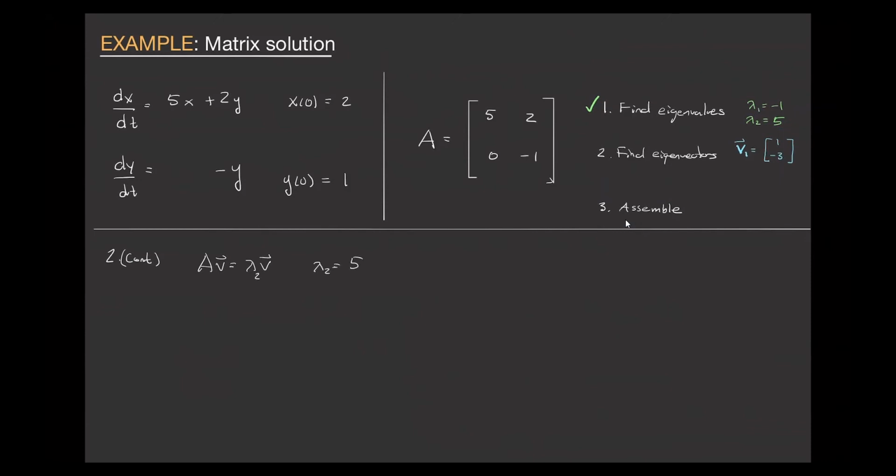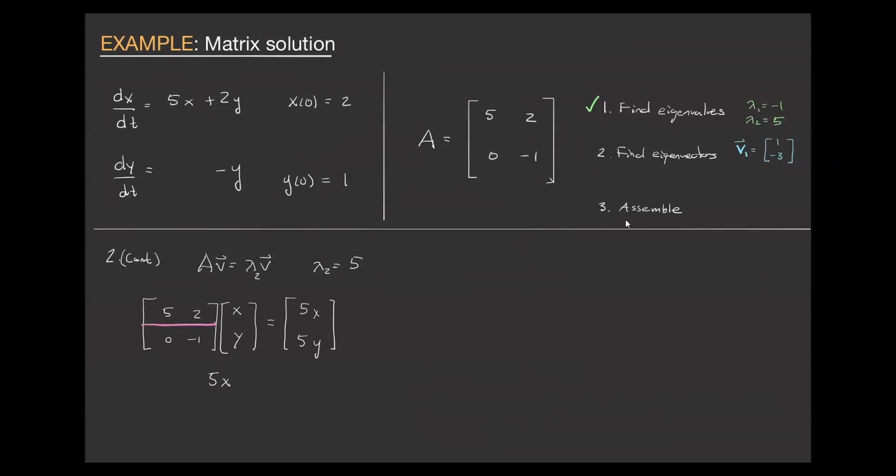And now that's saying that 5, 2, 0, negative 1 multiplied by x, y, we already said that's what V is, is equal to 5x, 5y. That's what lambda 2 times V is. Now, if we multiply this out, again, it's going to be row times column.